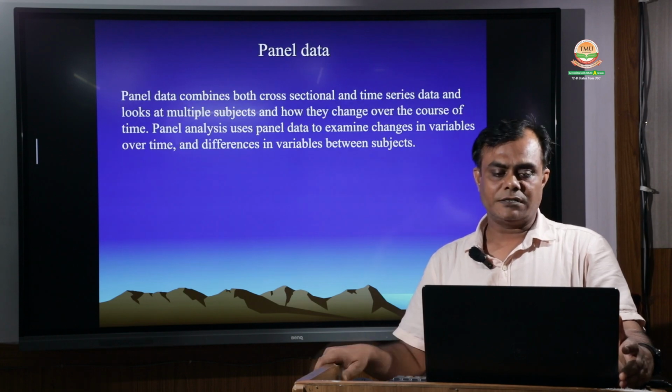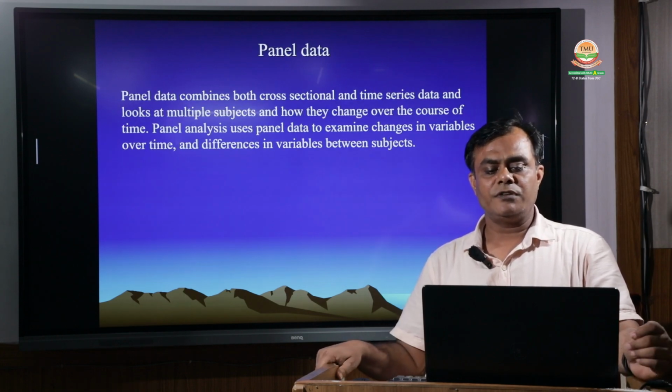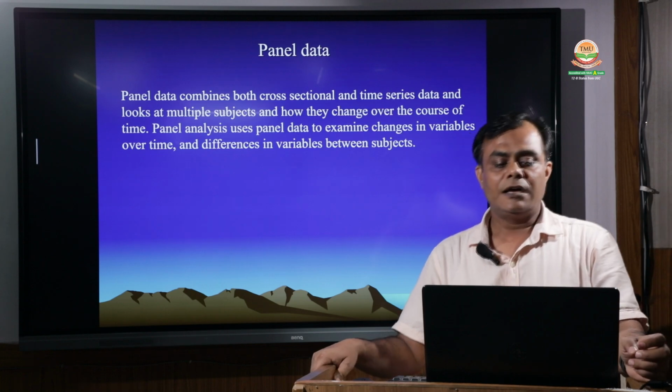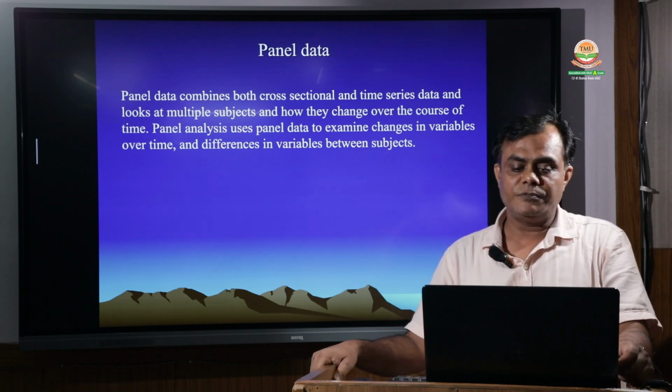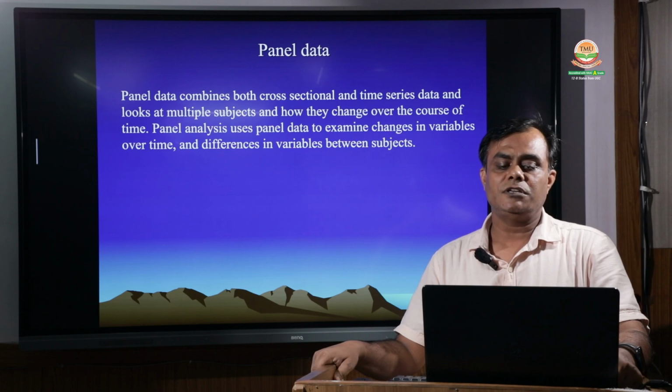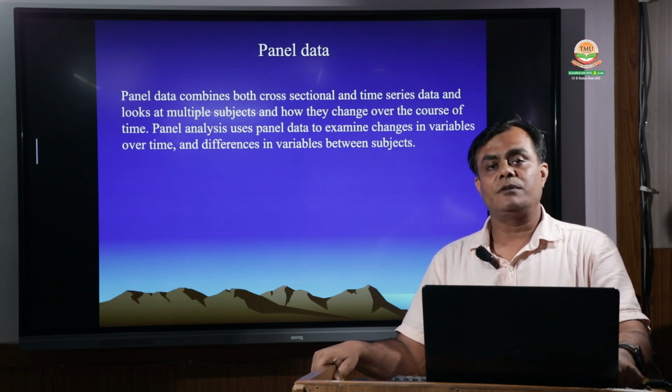Next is panel data. Panel data is a combination of both cross-sectional and time series data, and looks at multiple subjects and how they change over the course of time. Panel analysis uses panel data to examine the changes in a variable over time and the differences in variables between the subjects.